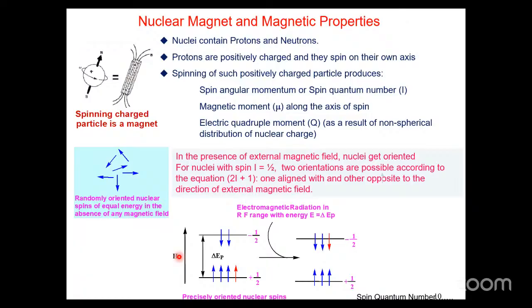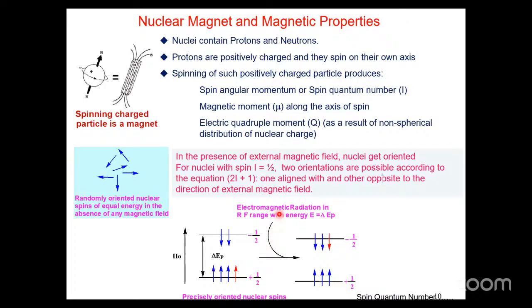Some are in the lower energy orientation, which has the same alignment as the magnetic field, while the higher energy alignment is opposite to the external magnetic field. So all the spins get divided into two orientations.